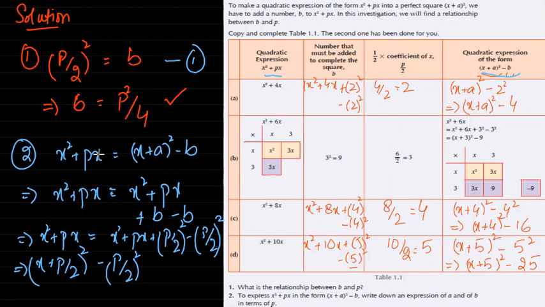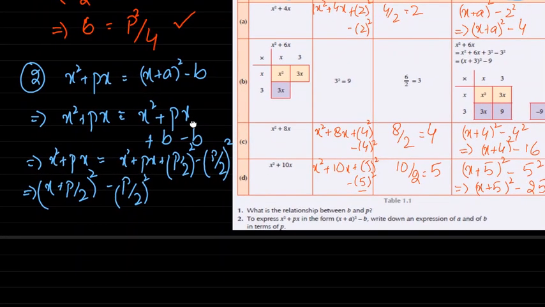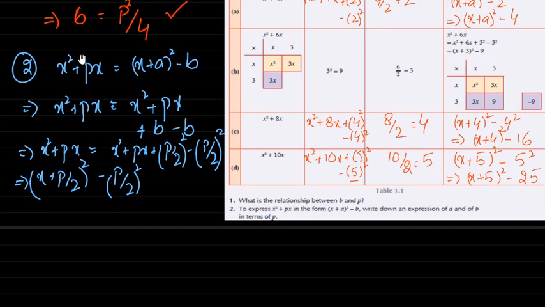Okay, this is the whole equation, right? And now this expression, if you go above, you see that this expression must be equal to this expression.